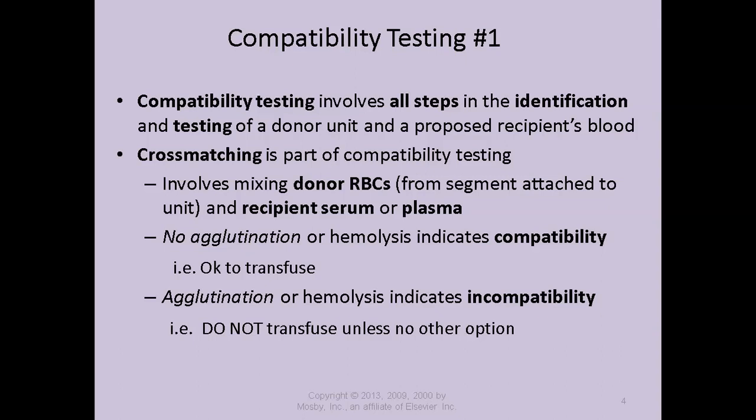Just a word about the segments. If you ever had an opportunity to donate a unit of blood at the Red Cross or another blood donor center, you would know this. And some of you I know have not had that opportunity. But when they are collecting the unit of the blood, it's in a bag. We're going to be looking more carefully at this in exam 3 material.